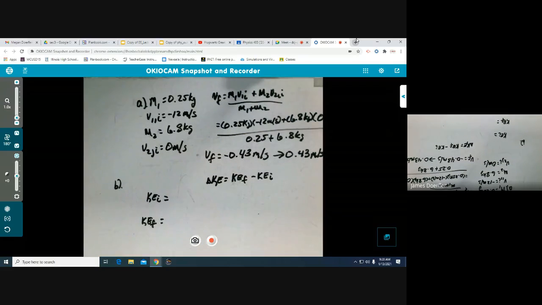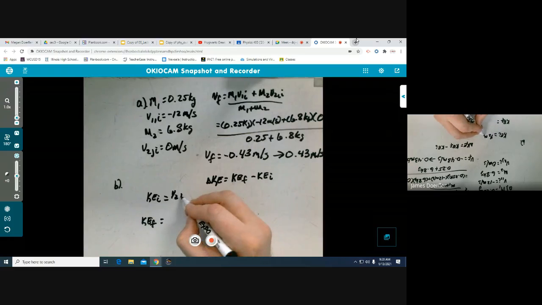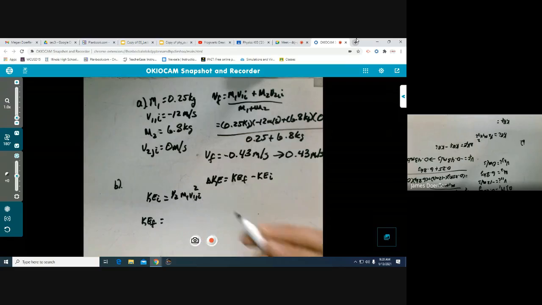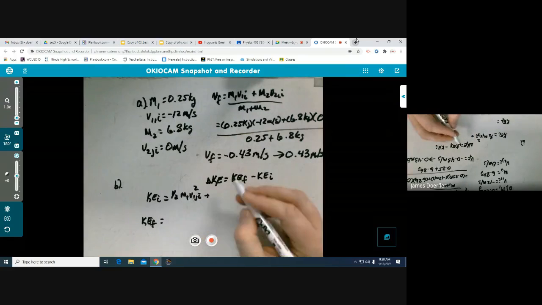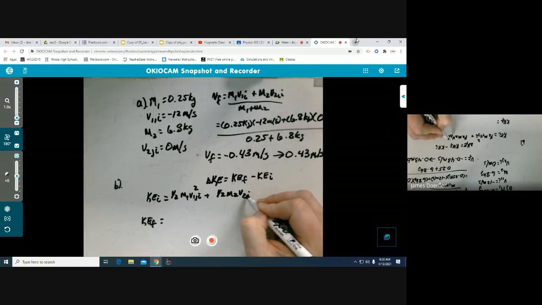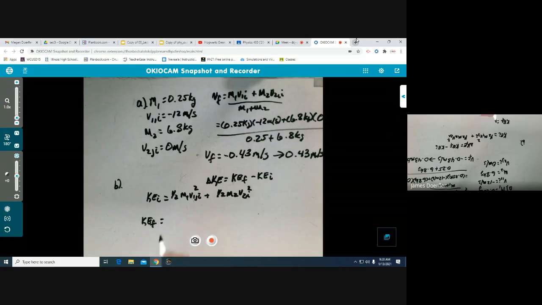So KEi is going to be 1/2 m1v1i, don't forget to square, plus 1/2 m2v2i squared. And then KEf is 1/2 times m1 plus m2 times vf squared. So those are the formulas we're going to be working with here.